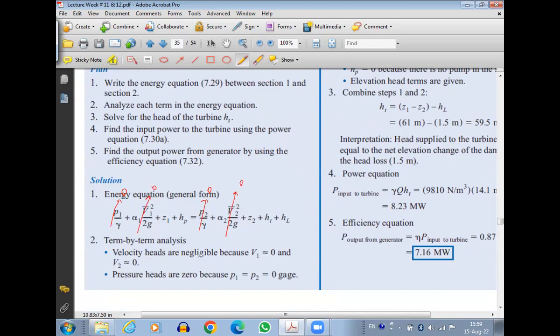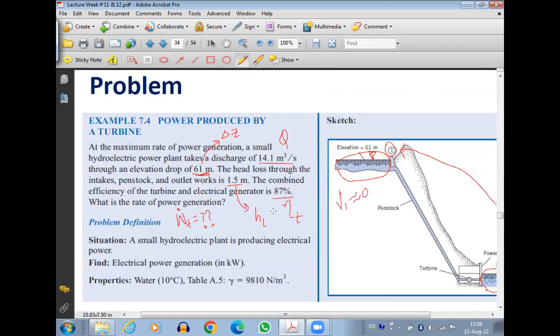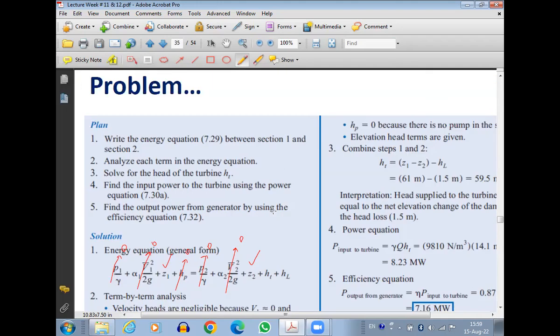V1 is 0, V2 is 0. We don't have any pump in between, so pump head is also 0. We know the elevation at 1, we know the elevation at 2. And the head loss is given as 1.5 meter.